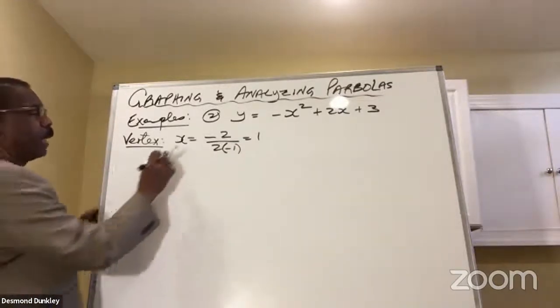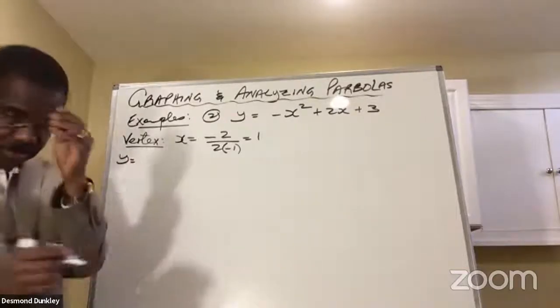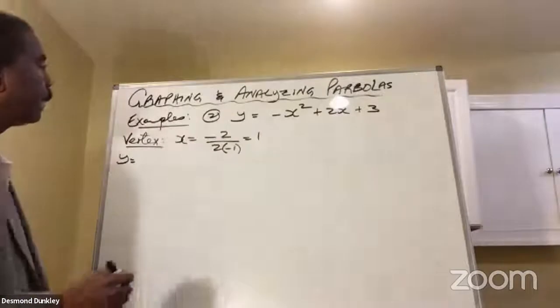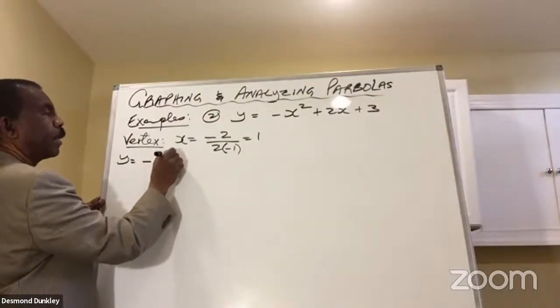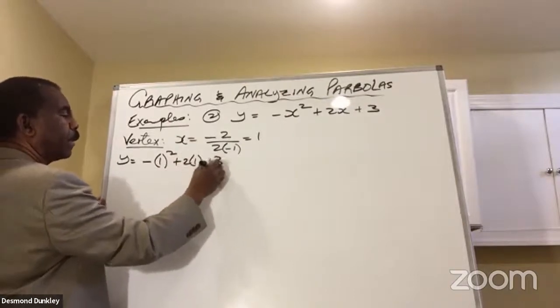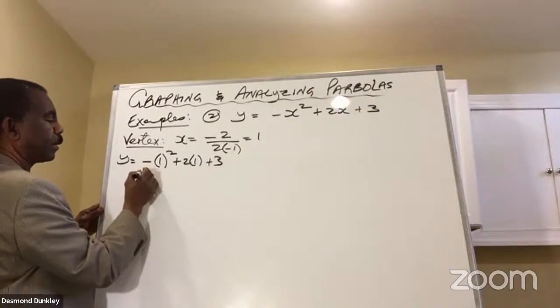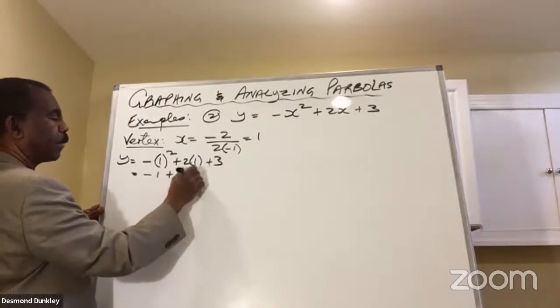Okay? When x is 1, y is going to be equal to negative 1 squared plus 2 times 1 plus 3. And that's going to be equal to negative 1 plus 2 plus 3.